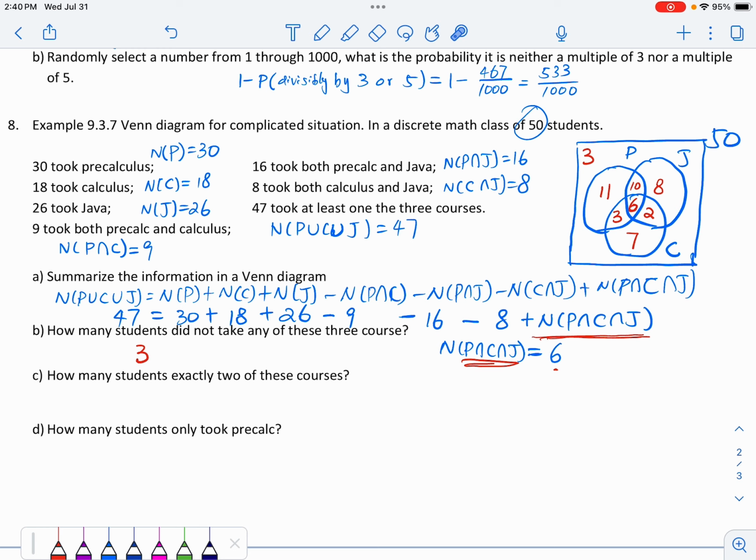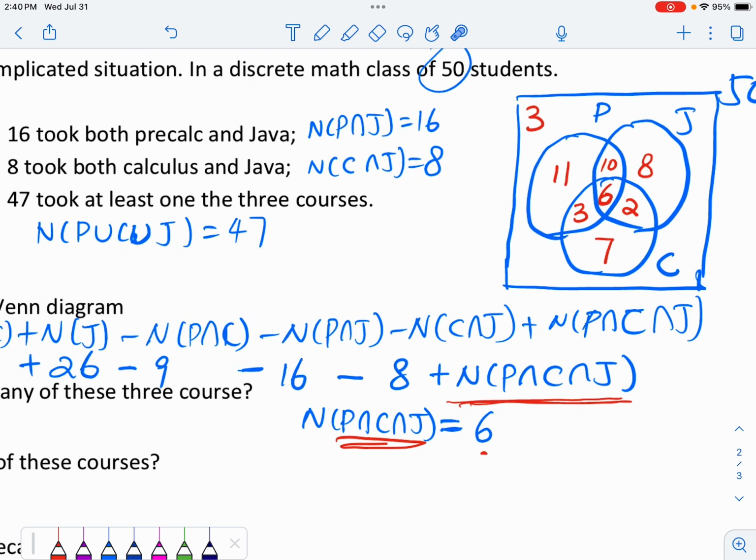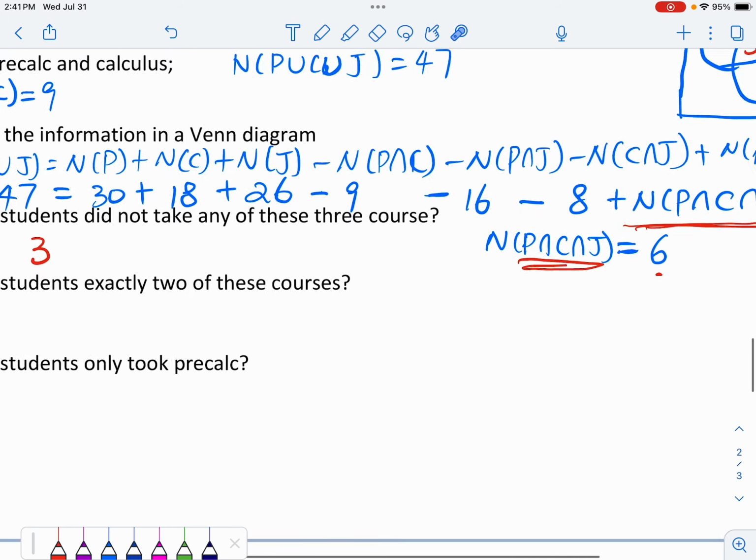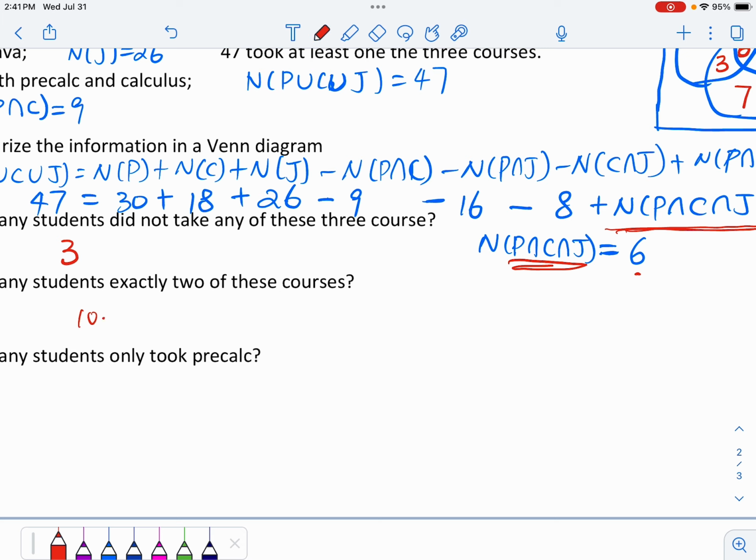So it cannot be those inside, the 6. It should be these ones, like 10 took pre-calc and Java, and 3 took pre-calc and calc, and 2 took calc and Java. So just add these 3 numbers together, 10 plus 3 plus 2, which is 15.